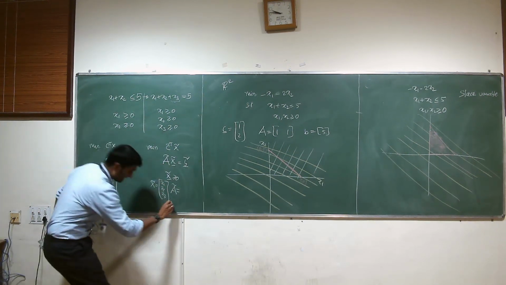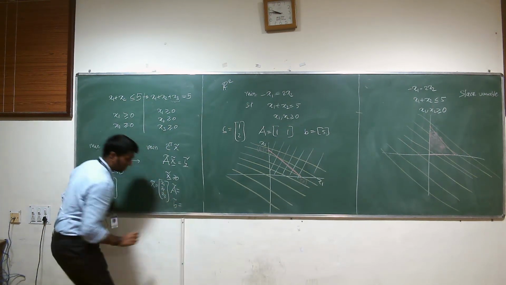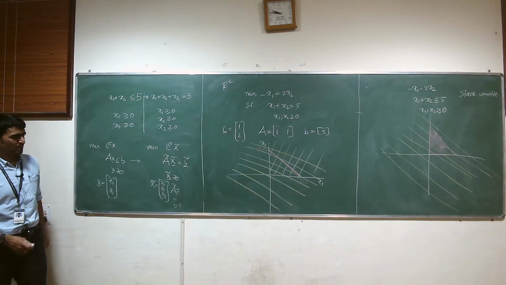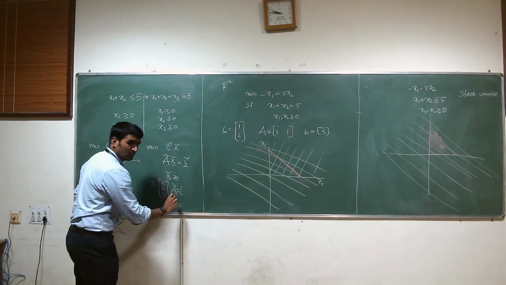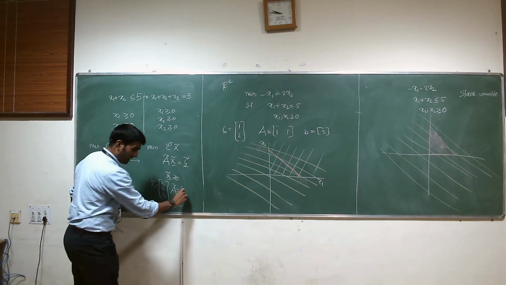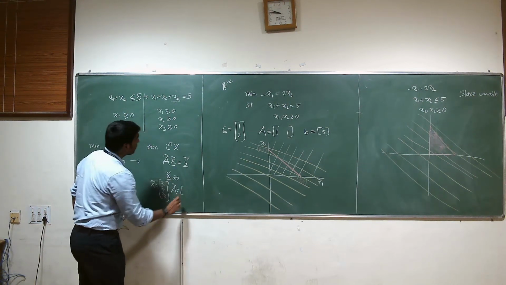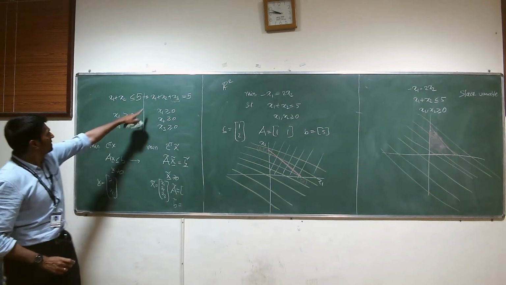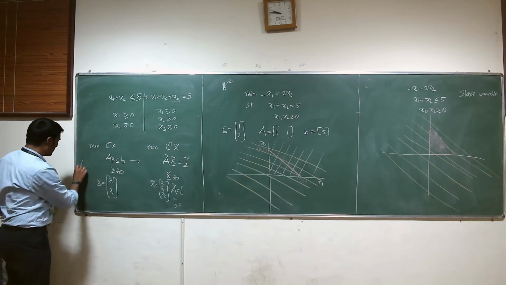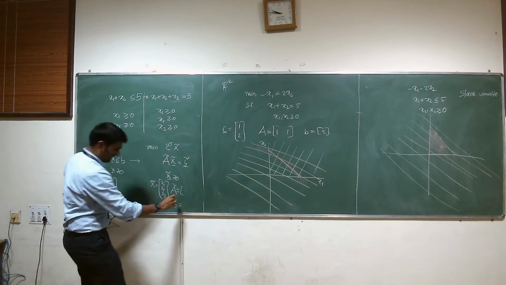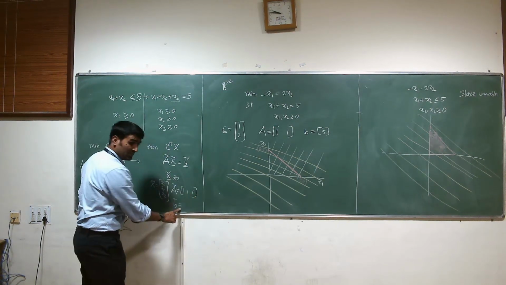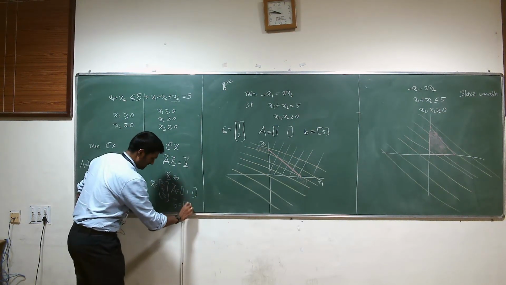What will be A tilde and b tilde? Here, your original A was, what will this be? Yes, it will be 3 ones, and b will remain the same.